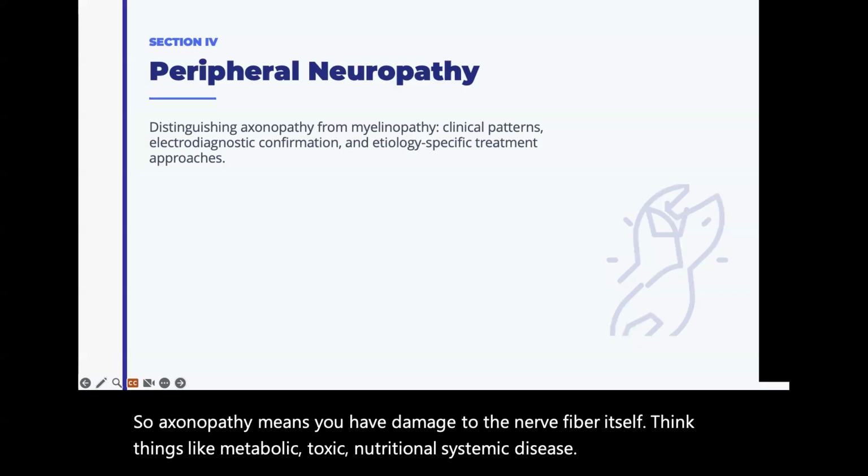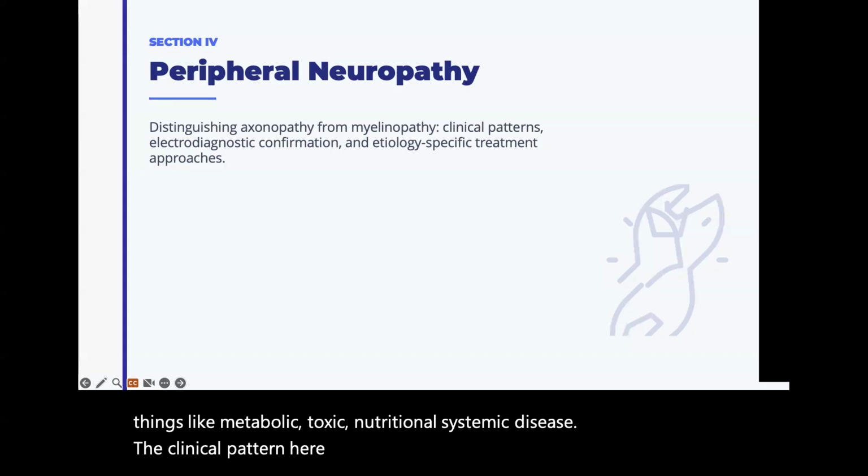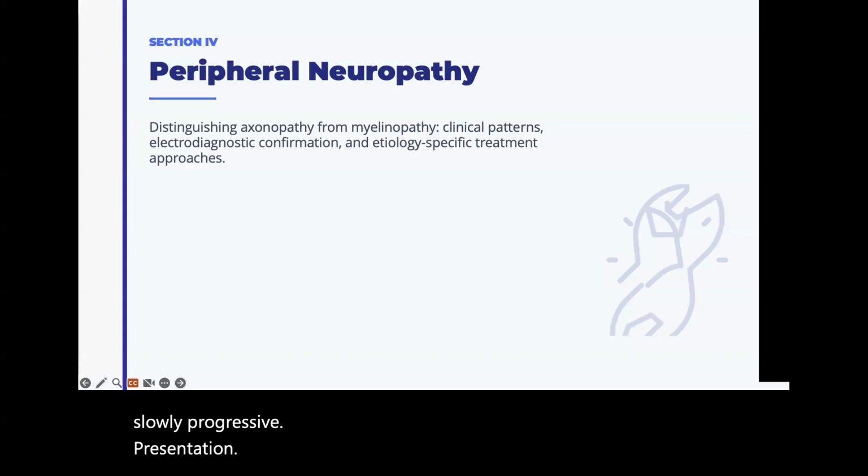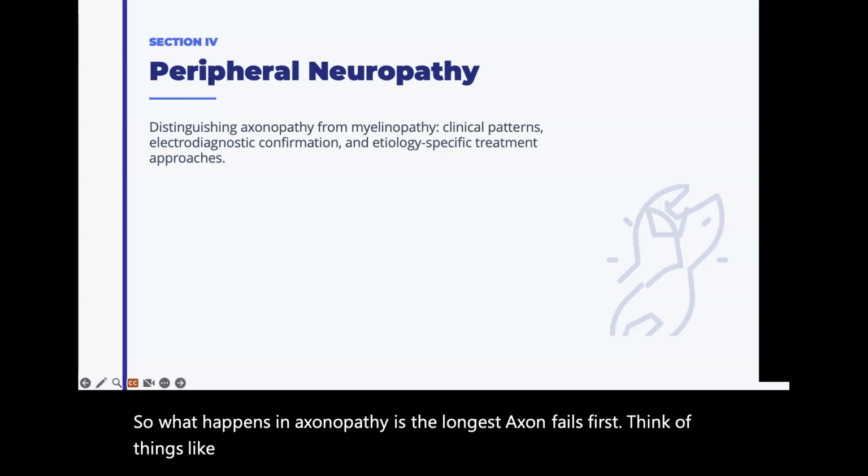The clinical pattern here is a length-dependent stocking glove, slowly progressive presentation. So what happens in axonopathy is the longest axon fails first. Think of things like classic diabetes or chemoneuropathy.